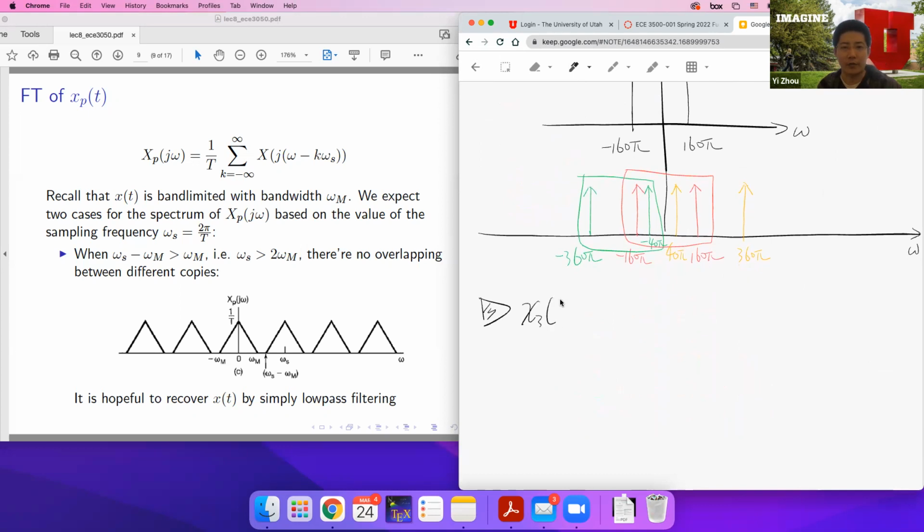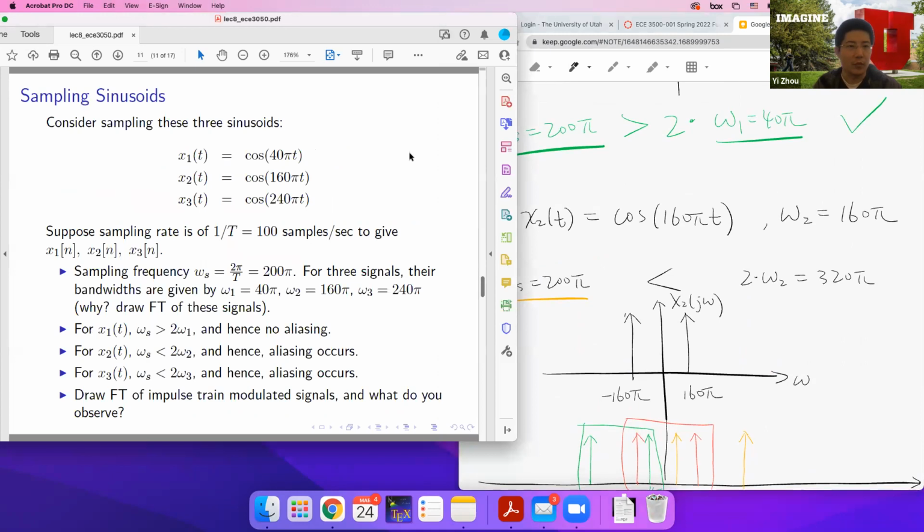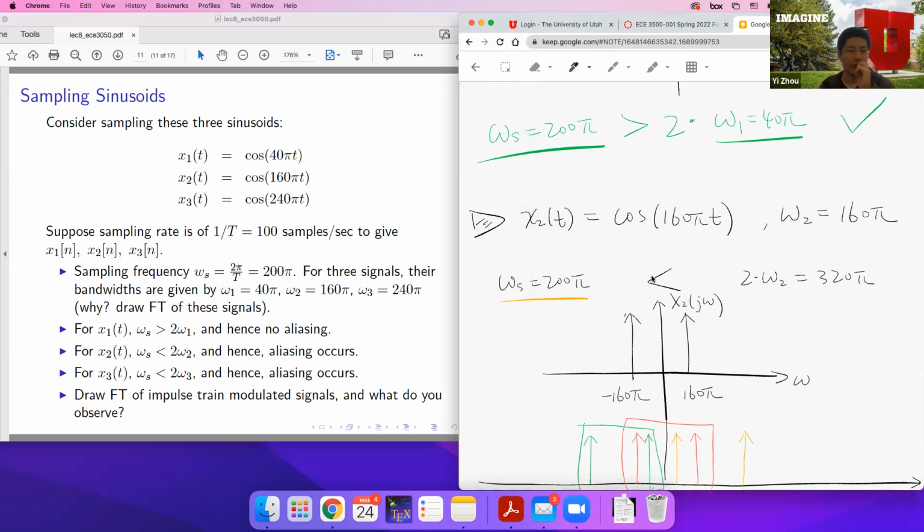Here I will skip it, and maybe we can quickly draw the conclusion, because X3 has an even higher frequency, which means the Nyquist criterion, 2 times the bandwidth, is even higher. So again, this sampling frequency will not satisfy the Nyquist criteria, and you will have aliasing in the resulting spectrum of the sampled signal.